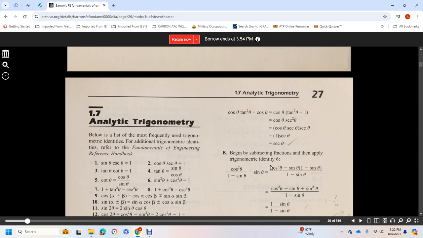Alright, 1.7, analytical trigonometry. Because the list is more frequently used, for additional trigonometry identities refer to the Fundamentals of Engineering Reference Handbook.